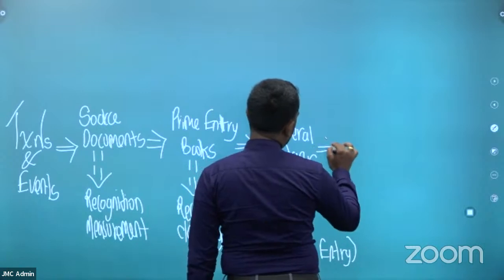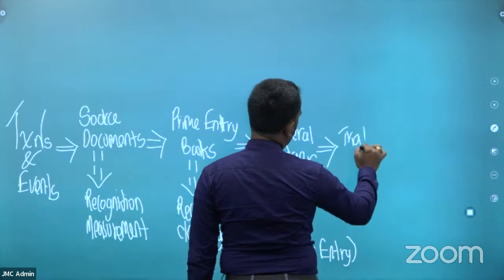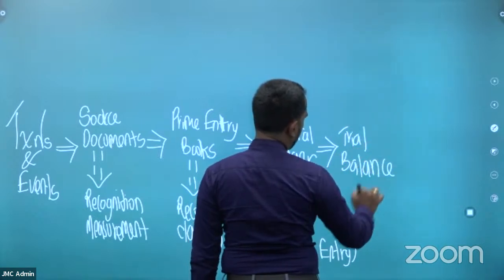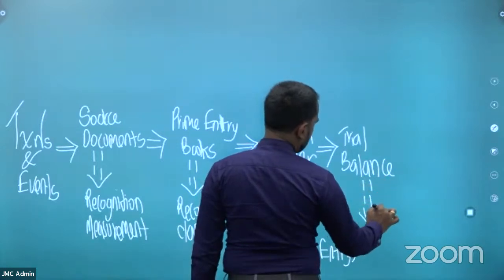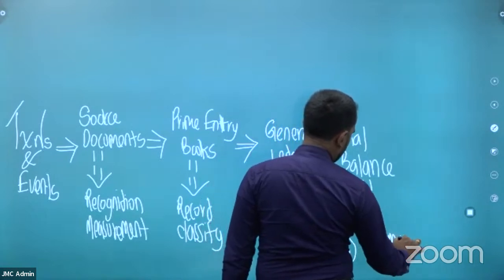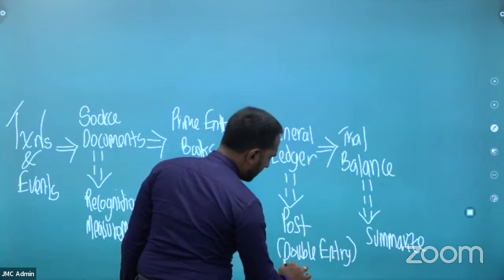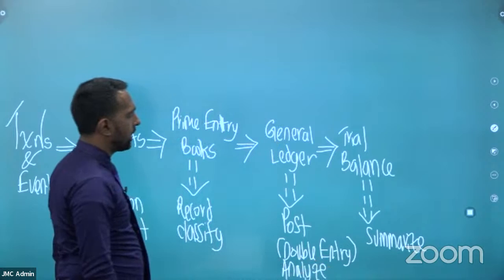Thereafter, from the general ledger you do the closing part. We prepare a statement called the trial balance. The trial balance summarizes the information. In the general ledger, in addition to posting, analyzing also happens. Post and analyze.